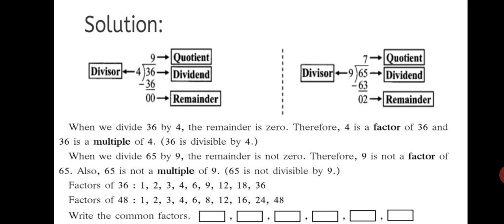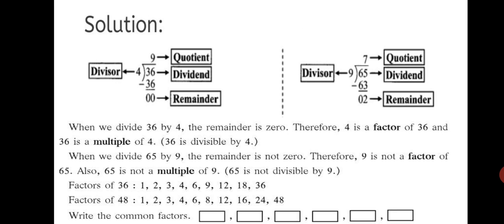Therefore, 4 is a factor of 36 and 36 is a multiple of 4. That means 36 is divisible by 4. And when we divide 65 by 9, the remainder is not 0. Therefore, 9 is not a factor of 65. Also, 65 is not a multiple of 9. That means 65 is not divisible by 9.